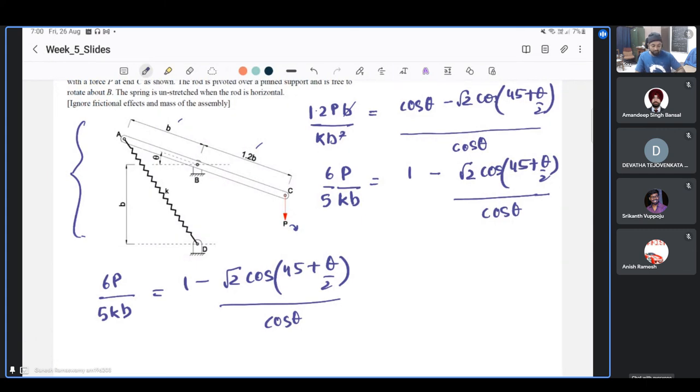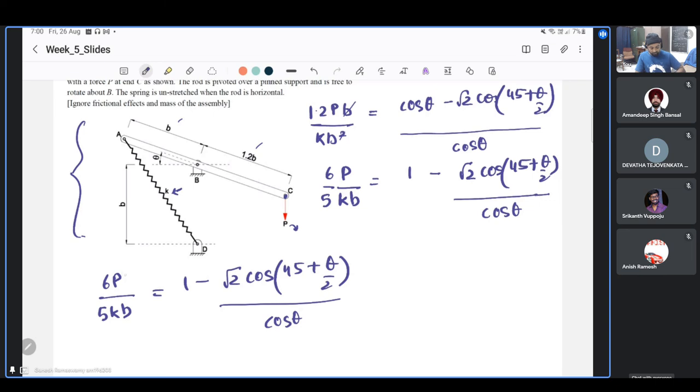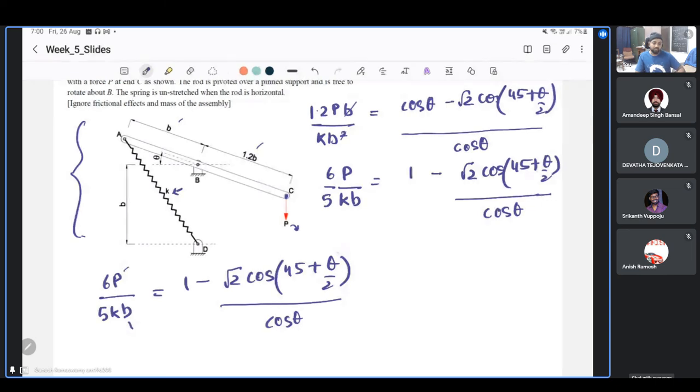So we have to select an appropriate spring stiffness. We have to select an appropriate spring such that when we apply this known weight at this point C, our system will come to equilibrium when theta reaches 60 degrees. So this is what this equation helps us identify. So if we are given a P, if we are given B, and then if we want to constrain it to some angle theta, we know what is the spring stiffness we should select.